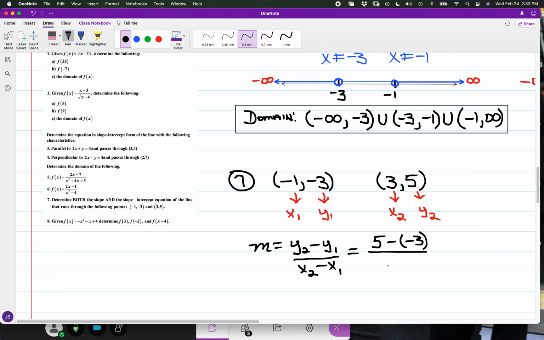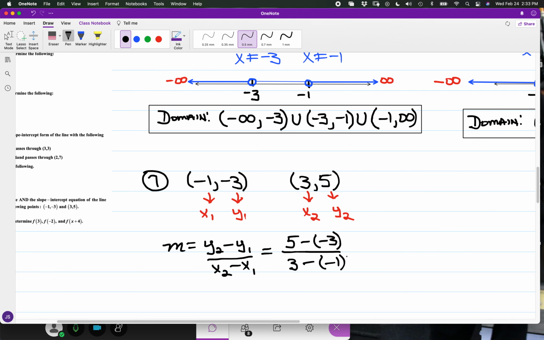For x2, we have 3, minus x1, so we subtract negative 1. So here we have 5 plus 3 all over 3 plus 1. 5 plus 3 is 8, 3 plus 1 is 4, and so the value of the slope comes out to 2.